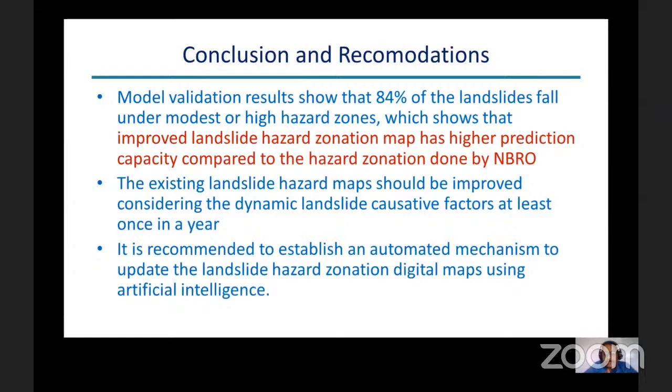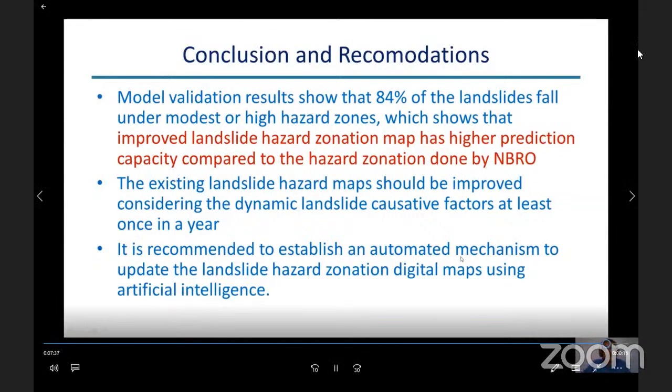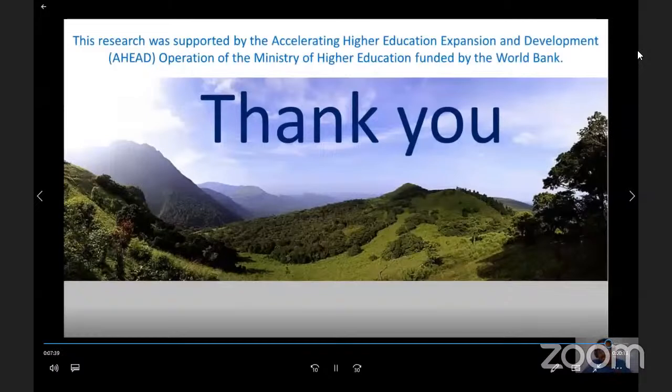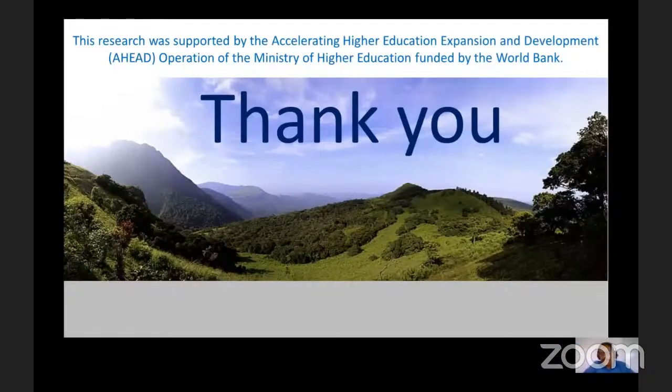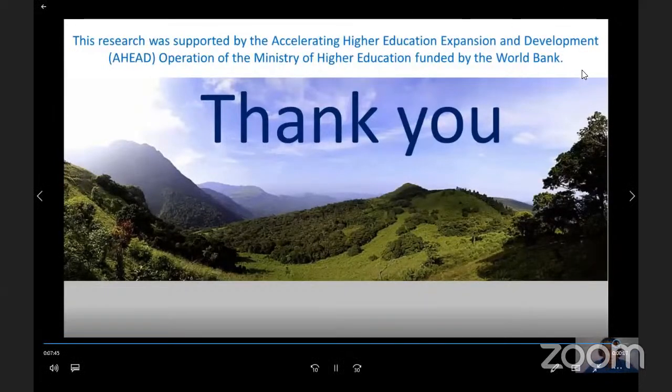It is recommended to establish an automated mechanism to update the landslide hazard zonation digital maps using artificial intelligence. Thank you very much. This research was supported by the Accelerating Higher Education Expansion and Development Operation of the Ministry of Higher Education. Thank you very much.